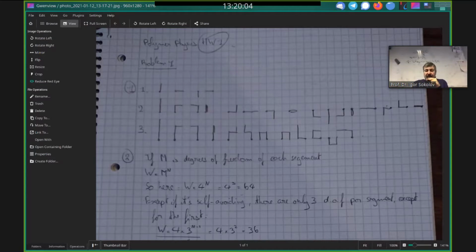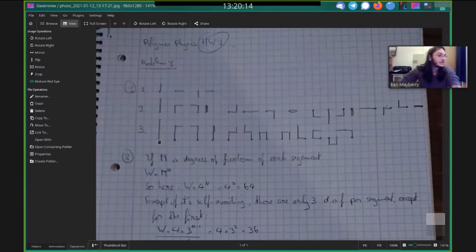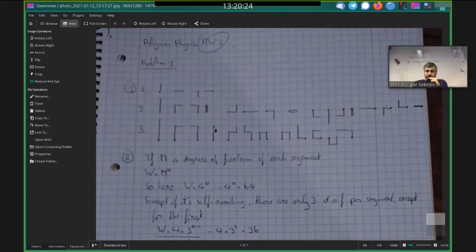Wonderful. Now let's look at 3 steps. What happens here? So I started again with segments 1 and 2 showing up. So here, here, and here, and here. And then the last segment is up, right, left, down.